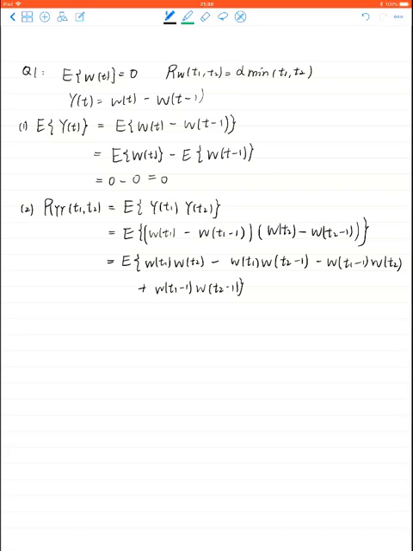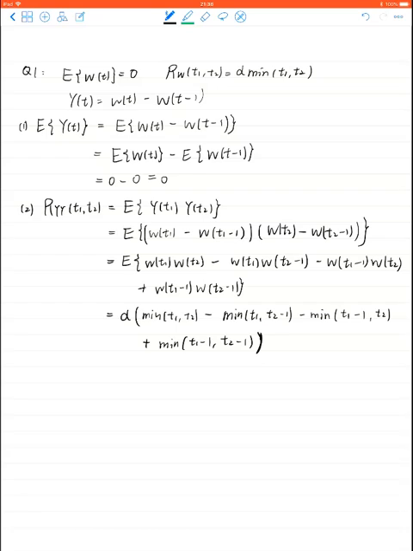Now, given the property of expectation, that should be alpha times the minimum of t1 and t2, minus the minimum of t1 and t2 minus 1, minus the minimum of t1 minus 1 and t2, plus the minimum of t1 minus 1 and t2 minus 1.